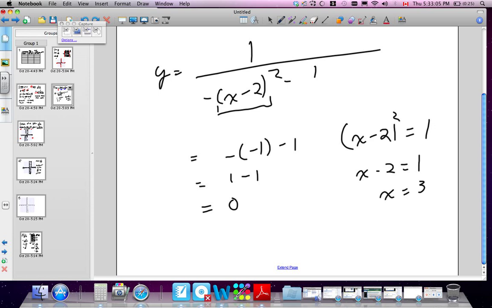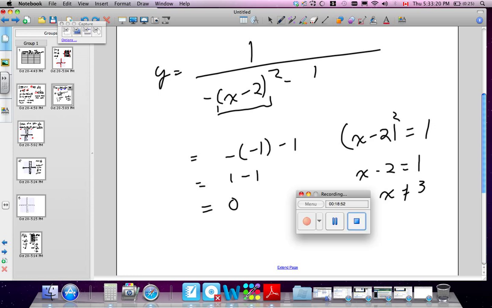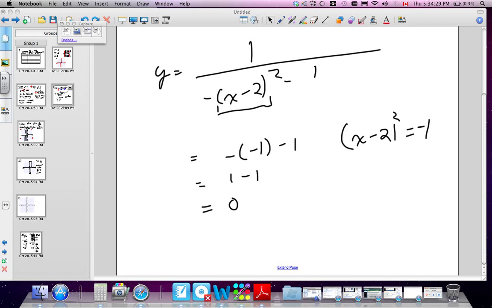Bring the 2 over. 3. So we end up at x is 3. Wait, is that right? Yeah, that's right. It's 3. Yeah, x is 3. So according to this, sorry, we made a mistake here because this itself can't equal negative 1.